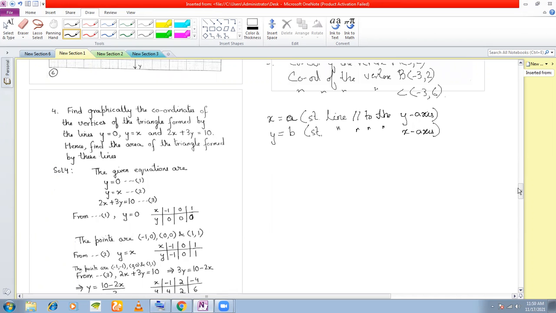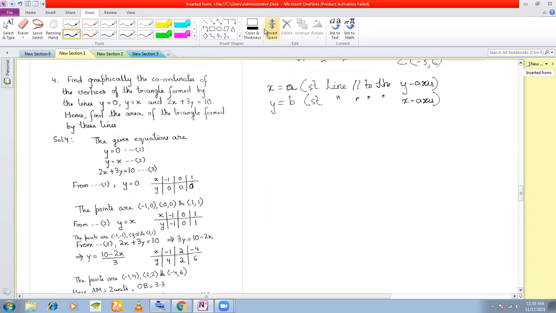Now my question to you is, suppose we have the x-axis and the y-axis. This is the graph, right?